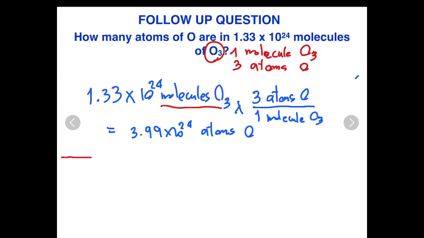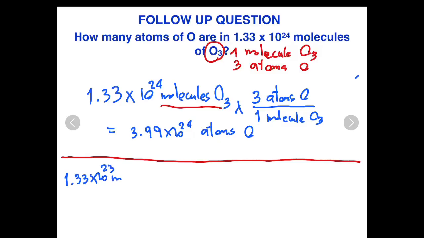Another way that you can do this is through the mole concept. You already have the molecules, right? So 1.33 times 10^23 molecules of O3. Note that if you want to convert this into moles, you can divide this by 6.022 times 10^23 molecules of O3, which is equal to 1 mole of O3.